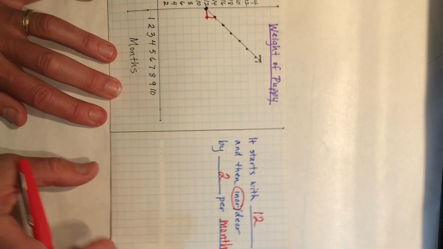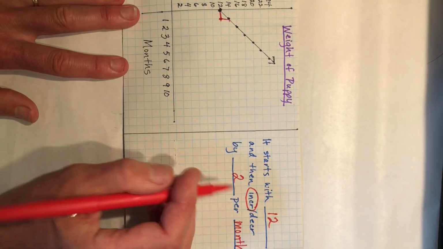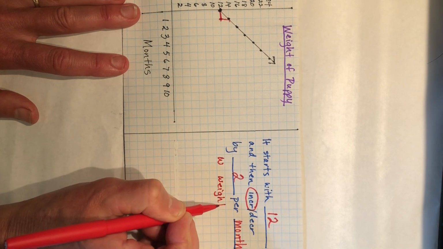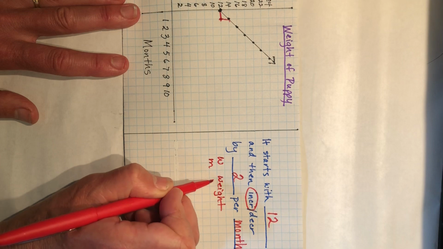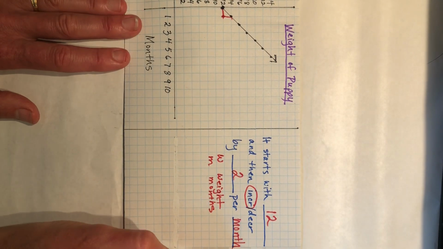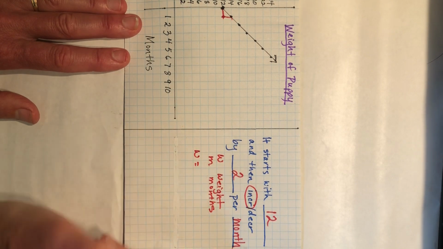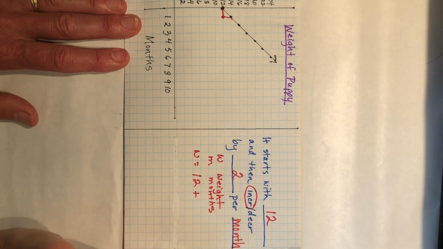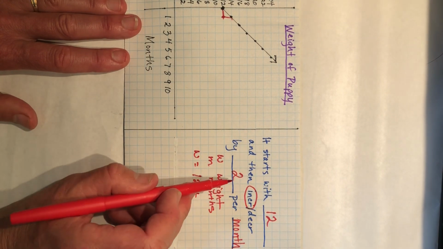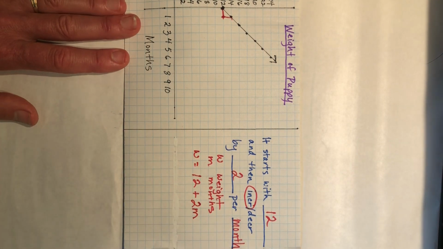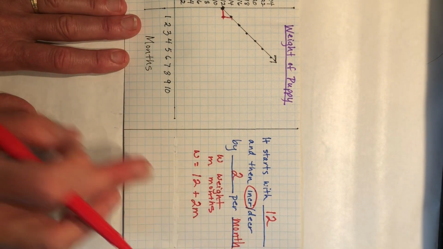If we're talking about weight and months, I'm going to use W for weight, and I'm going to use M for months, and I will say that the weight equals my start number of 12 plus, because it's increasing, 2 per month, 2 times the number of months. Kind of cool that you can just look at a graph and know what the equation was.